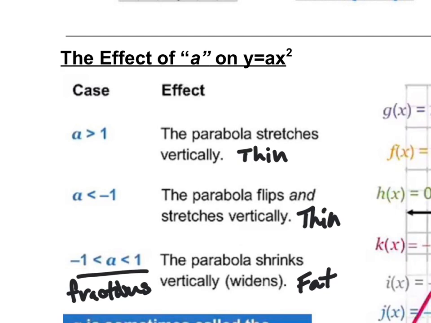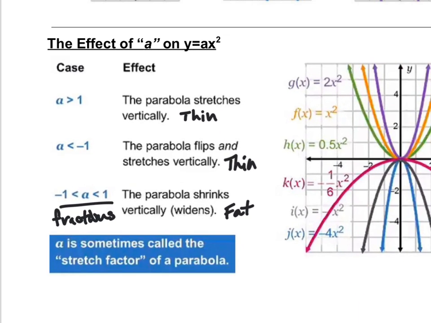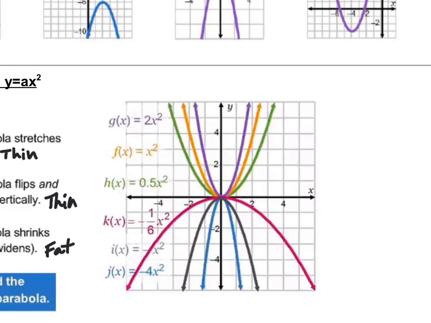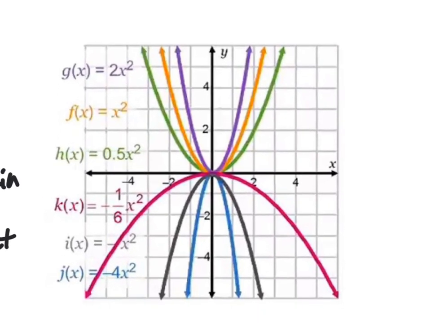So here's what I want to show you. A is sometimes called the stretch factor of a parabola. If we look at it, the graph here in orange is my parent function, your standard f of x equals x squared graph. If the coefficient is 2, and this number is larger than 1, so 2 is greater than 1, that means it gets thin.